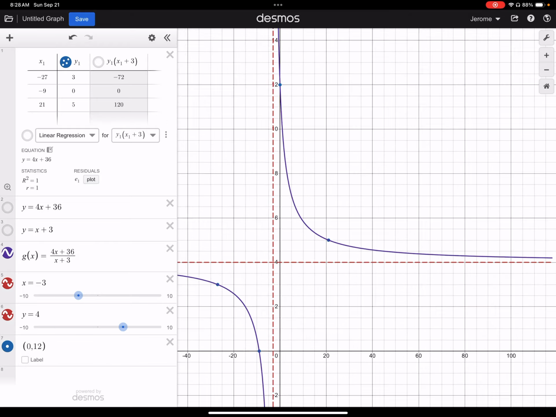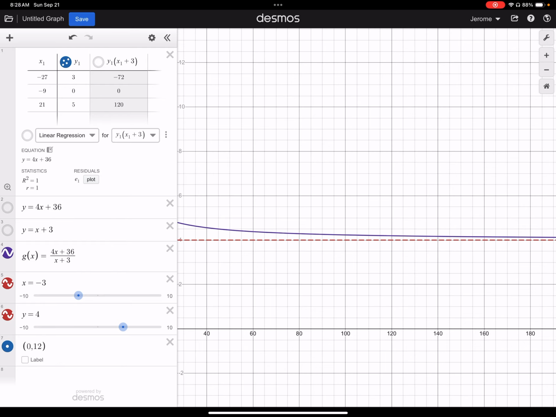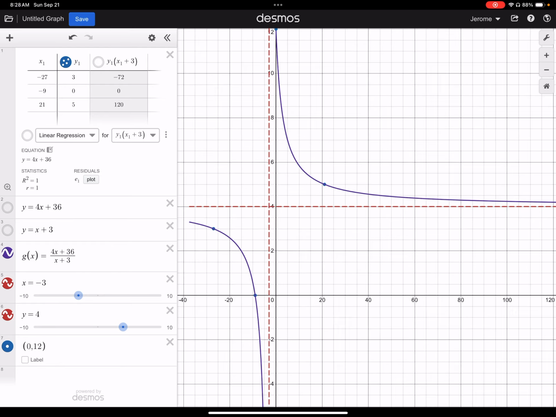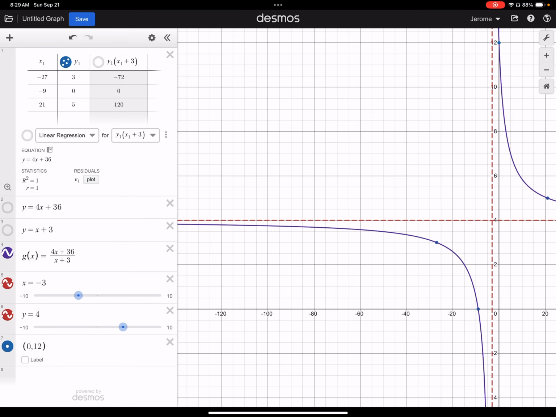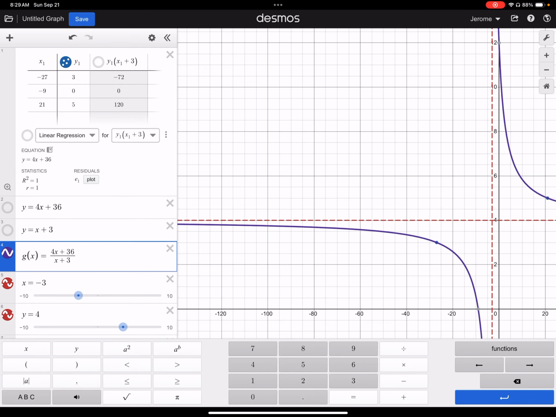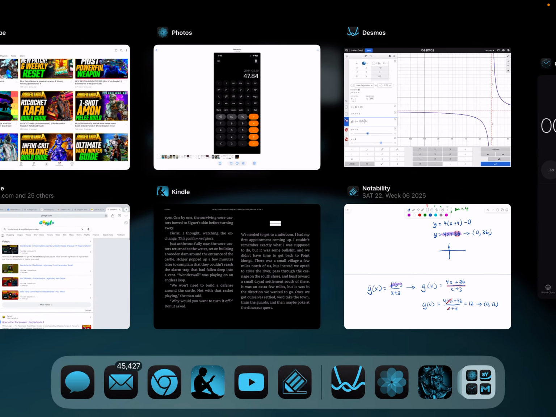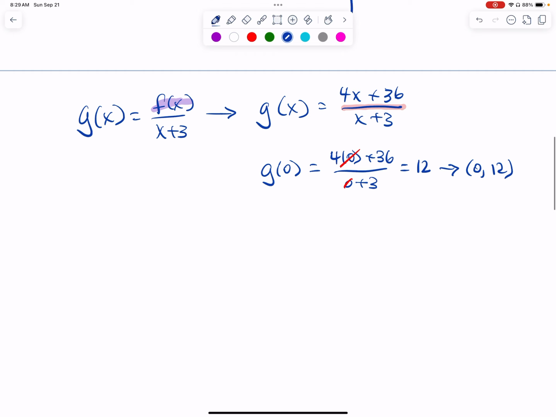And another question is, will the purple graph cross the horizontal asymptote? In this case, it does not, because our function g of x is never equal to y is equal to 4. I can show you that really quickly. For example, if I wanted to see if this graph was ever equal to y is equal to 4, I just set it equal to 4.